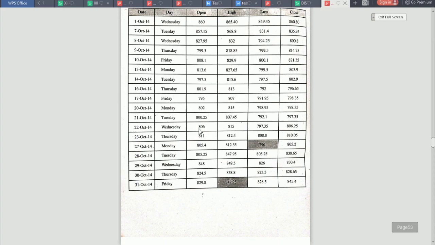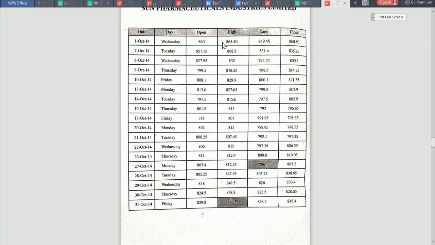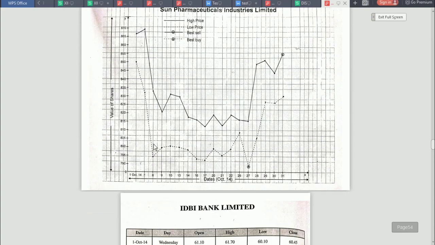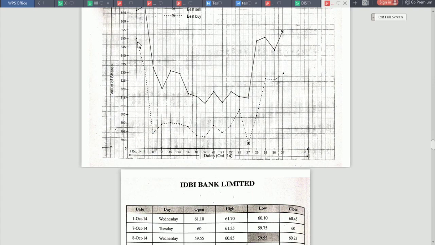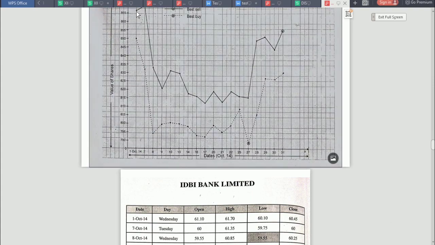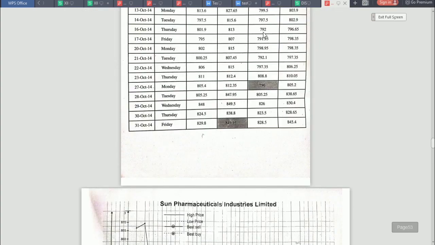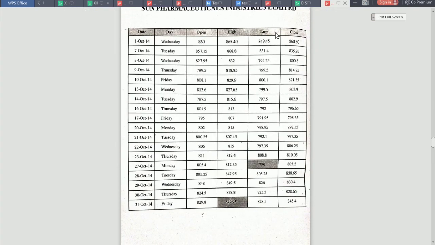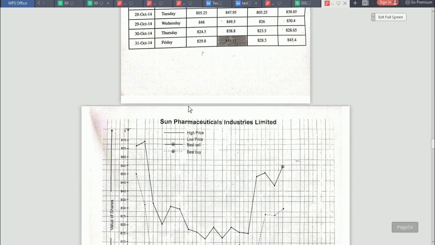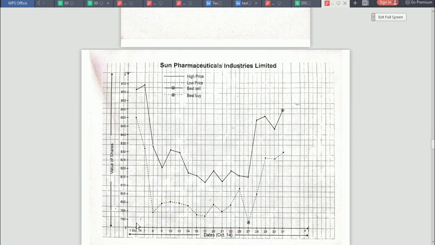So 865.40 on 1st October, somewhere here I'll put a dot. And on the same date the lowest figure, which is 849.45, will lie somewhere here. So these two dots I have put.